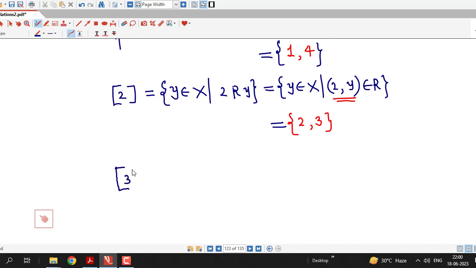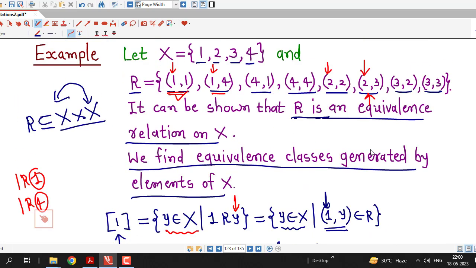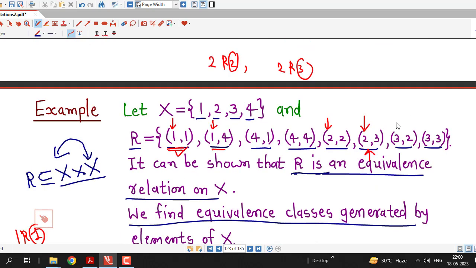Now we find out the equivalence class generated by 3. So now we consider Y belongs to X such that 3 is related to Y, and therefore Y belongs to X such that ordered pair 3 comma Y belongs to R. And now we have to concentrate on those ordered pairs having first component as 3. So here I have this ordered pair having first component as 3 and this also.